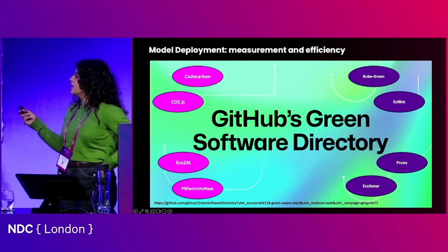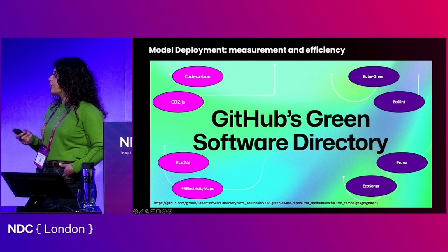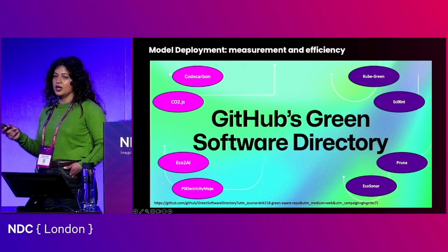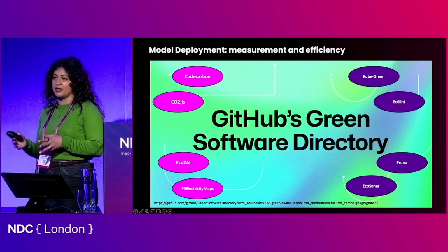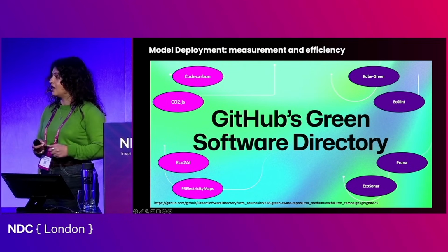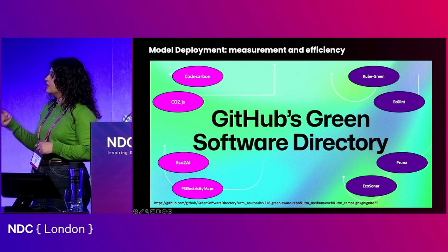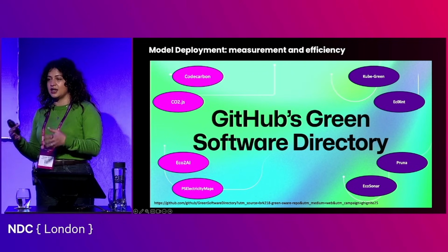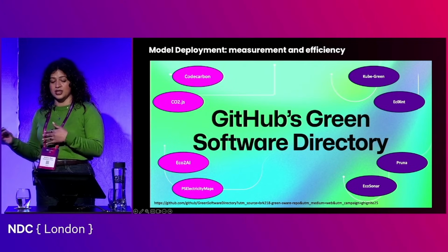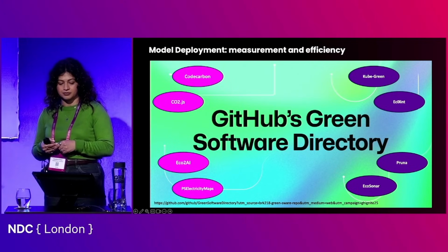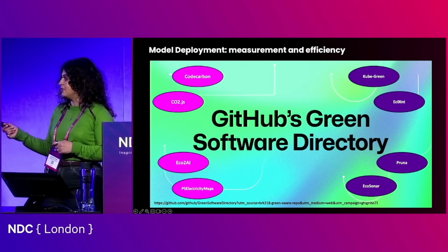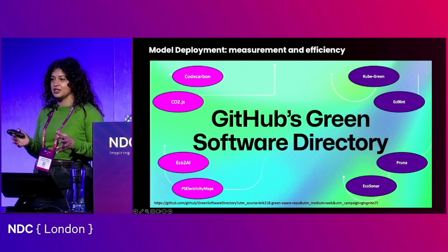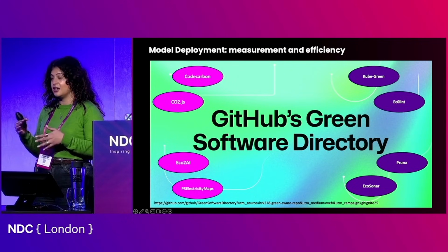So in pink here, we've got tools like Code Carbon and Eco2AI, which are looking at the typical hardware that's required to run a lot of these AI applications. We've got CO2.js, which is looking at our JavaScript code, understanding how much energy is required to transfer data over the internet. And PSE Electricity Maps, which is looking at the energy intensity of different Azure regions. And it's really great for simulations.